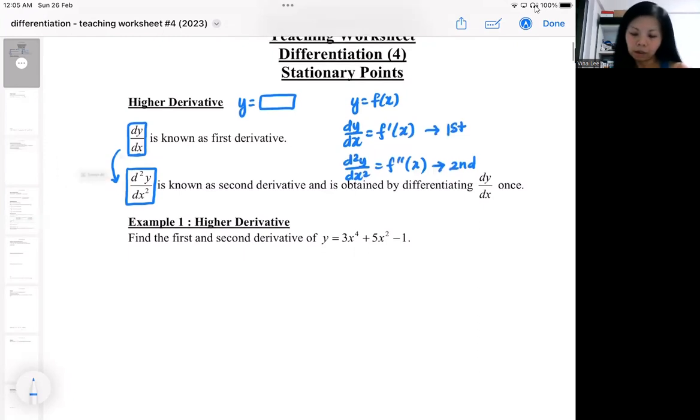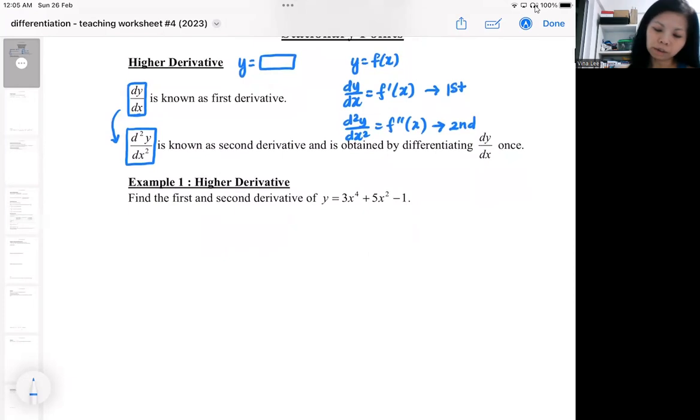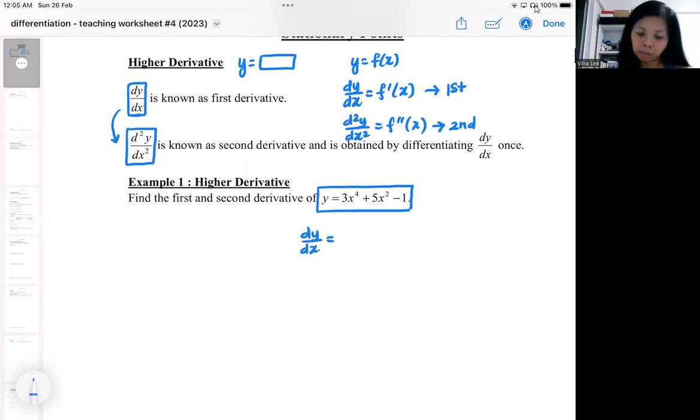Okay, so to make things clearer, I show you a generic example first. This is a very simple y equation. By now, all of you should be able to differentiate. Your bring down power, minus power should be in your head already. So from here, you should be able to tell me that you are getting this as your first derivative.